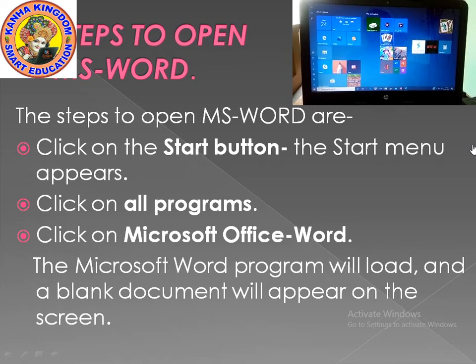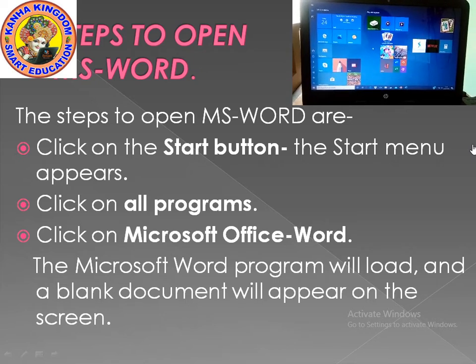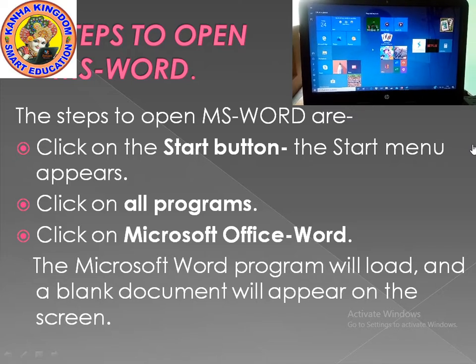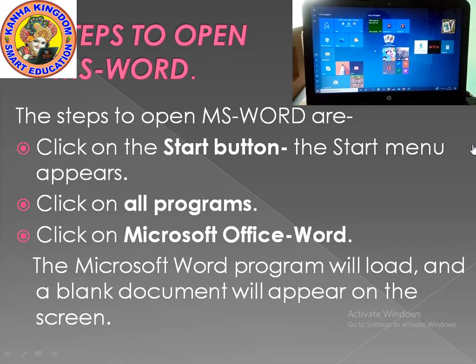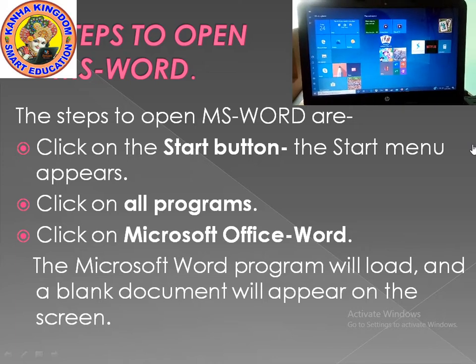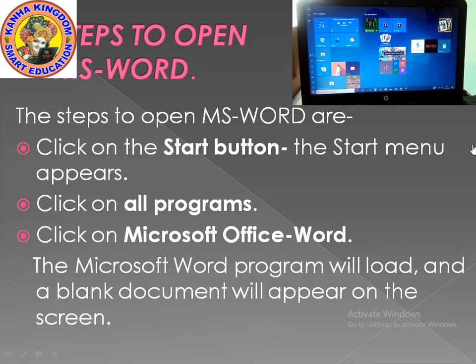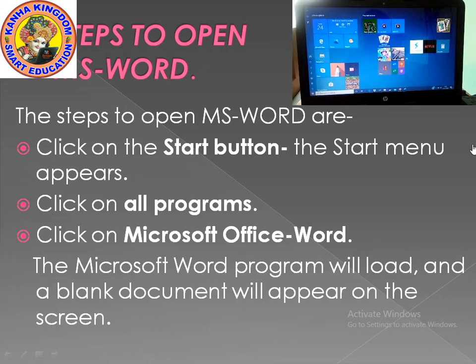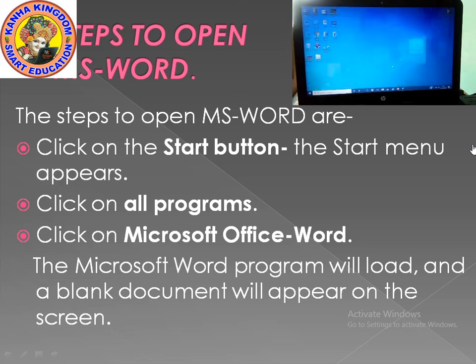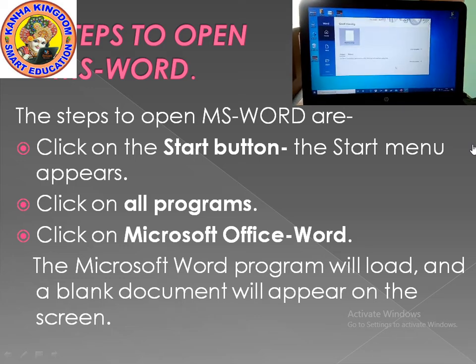It can be different on another PC. The first step is that you go to the start button, then you click on all programs, then you click on Microsoft Office Word 2007. This is Microsoft Office Word 2007.